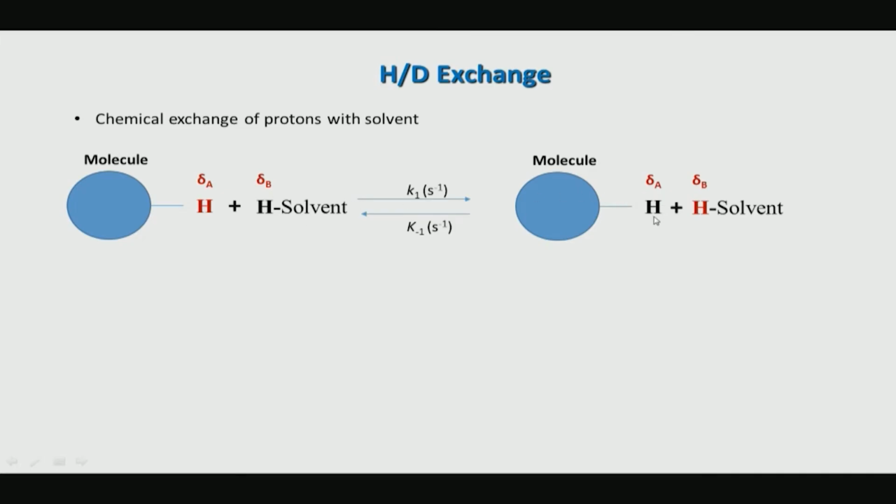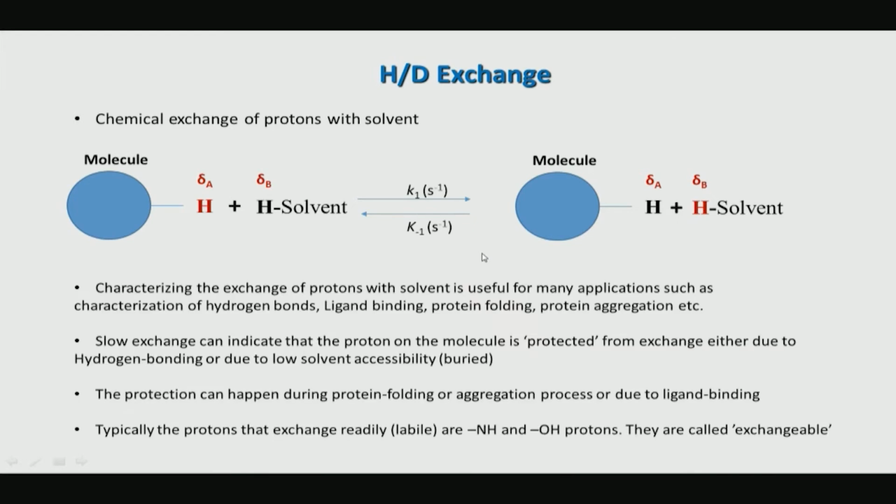You can see by the color here that this hydrogen which is black comes to this molecule, so it has got this chemical shift, but the hydrogen which was on this molecule has migrated to the solvent and has taken a different chemical shift. Therefore, there is a constant interchange between these two hydrogens, and that is a reversible process, which we can denote by K1 and K minus 1. So, this is the same as the chemical exchange process which we saw earlier.